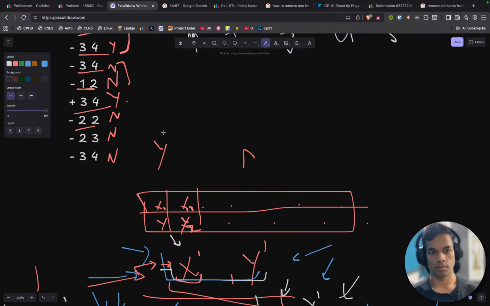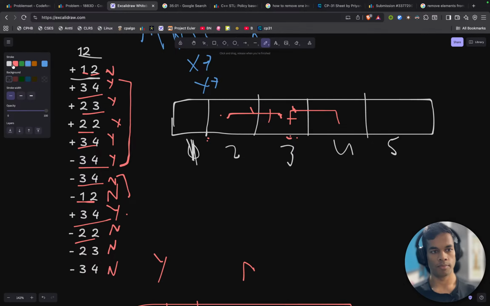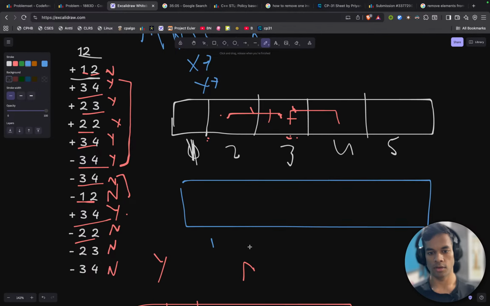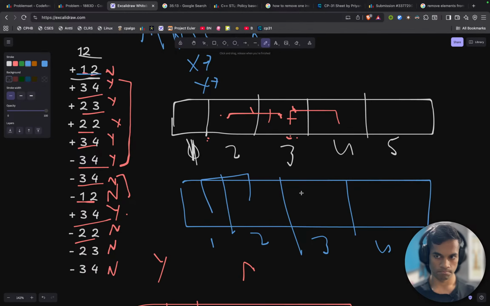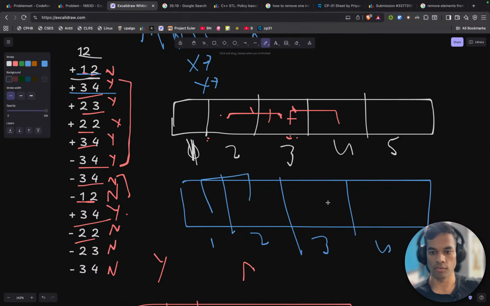This should not be the way. Let's do this again. Here we had 1, 2, 3, 4, 1, 2, 3. Then we added 1 and 2, which makes sense. Initially it was equal to 0, then 1 when we added 3 and 4. Makes sense. We just have one pair of segments.